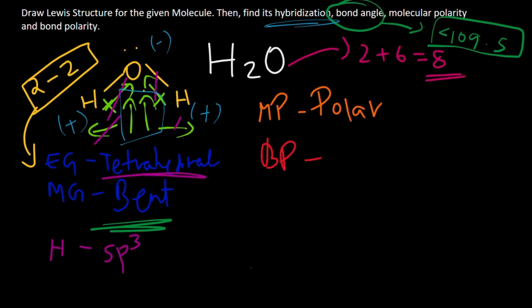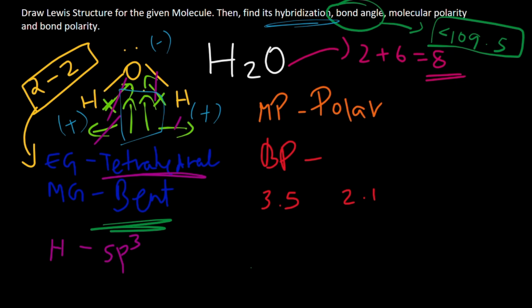So for hydrogen, we know that hydrogen is 2.1, and oxygen is 3.5, somewhere around 3.5.